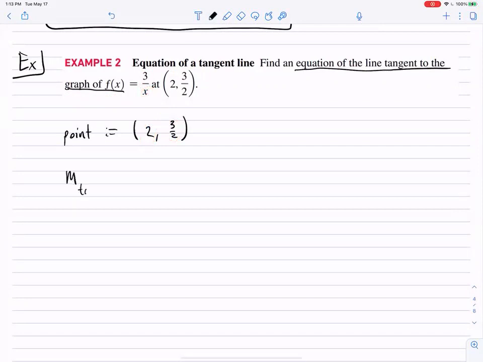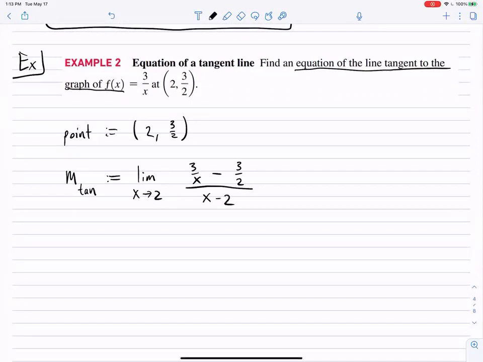The slope is the slope of the tangent line, and remember that is defined to be the limit as x approaches a, where x is 2, of f of x, which is 3 over x, minus f of 2, which is 3 over 2, over x minus 2, which is x minus a.